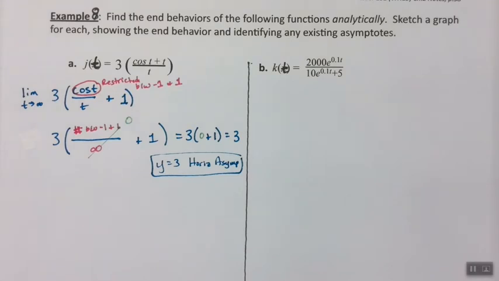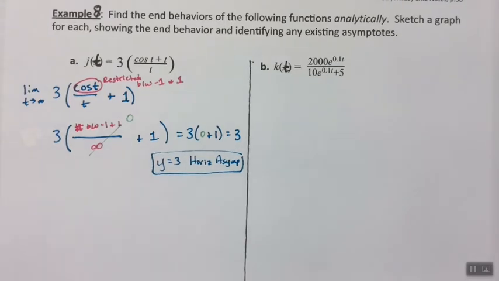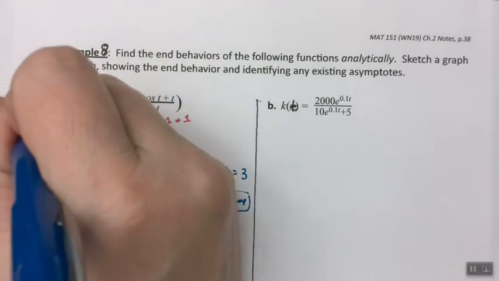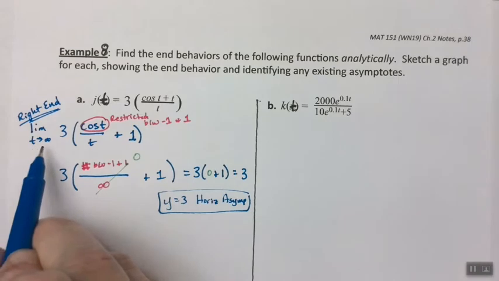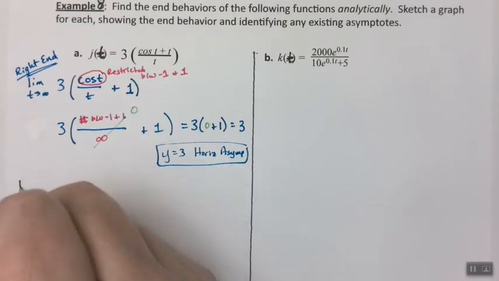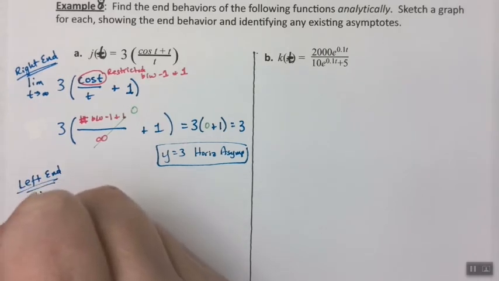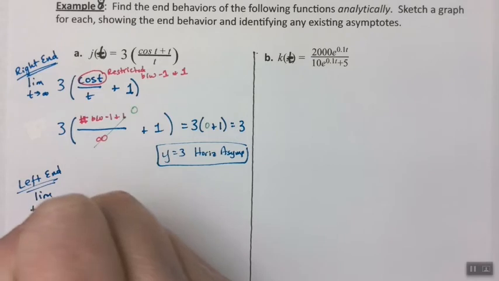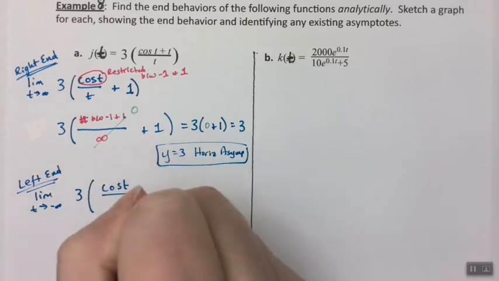All right, now I'm going to do the same thing with the negative infinity. You can probably guess where this is going. Oh, I should make a little note to ourselves. So this was the right end that I'm looking at here, right? Because I'm letting t go to infinity. Then for the left end, I'll do it down here. I'm going to let, wait for it, t go to negative infinity. Okay, so that's going to be 3. It's still going to be cosine of t over t plus 1.